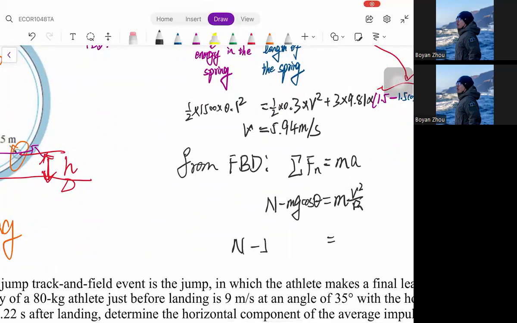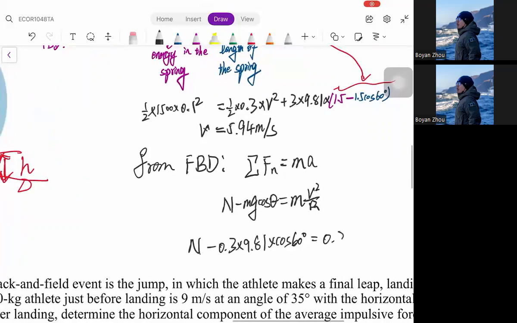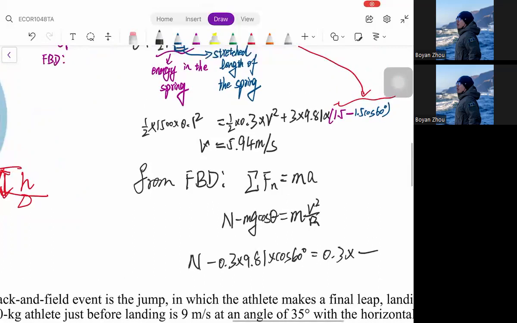What's the mass? 0.3 times 9.81 times cosine 60 degree is equal to 0.3 times velocity squared over the radius 1.5.